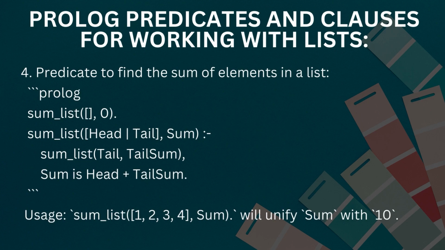Then sumlist([Head|Tail], Sum) :- sumlist(Tail, TailSum), Sum is Head + TailSum. How can you use it? sumlist([1,2,3,4], Sum) will give you the sum of all the elements of your list. So you will get the total of 10.